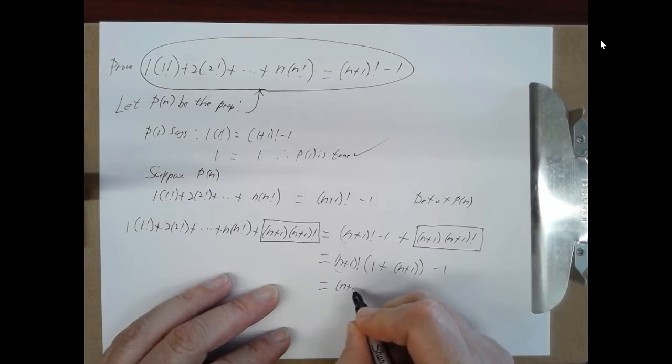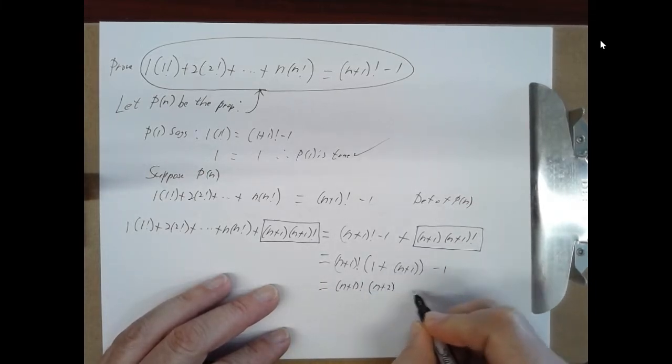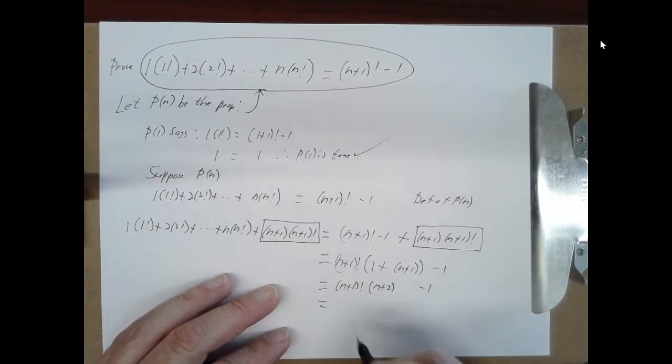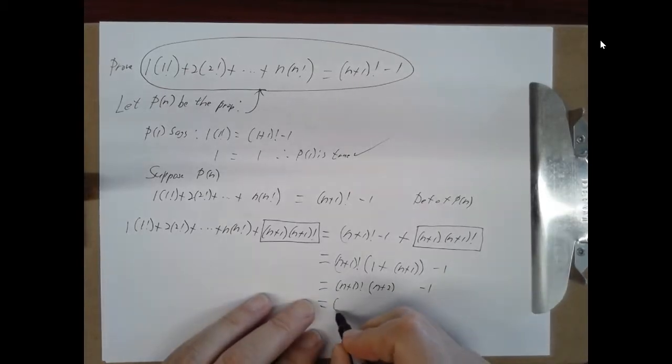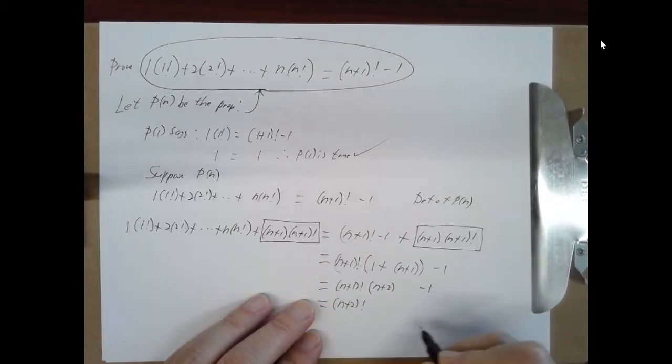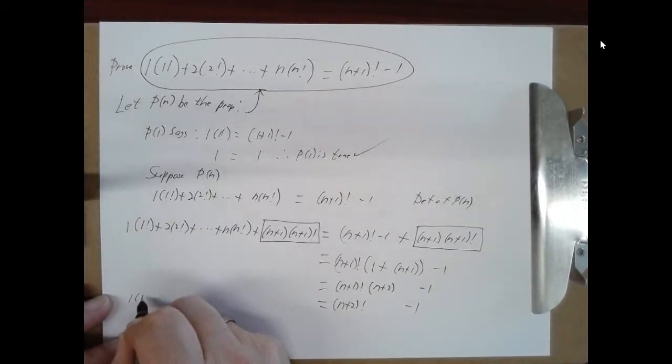And this is n plus 1 factorial, and n plus 1 is n plus 2, and we have our minus 1. And if you multiply all the integers up to n plus 1, and then you multiply by n plus 2, that's just n plus 2 factorial. And we still have a minus 1. And the left side hasn't changed.